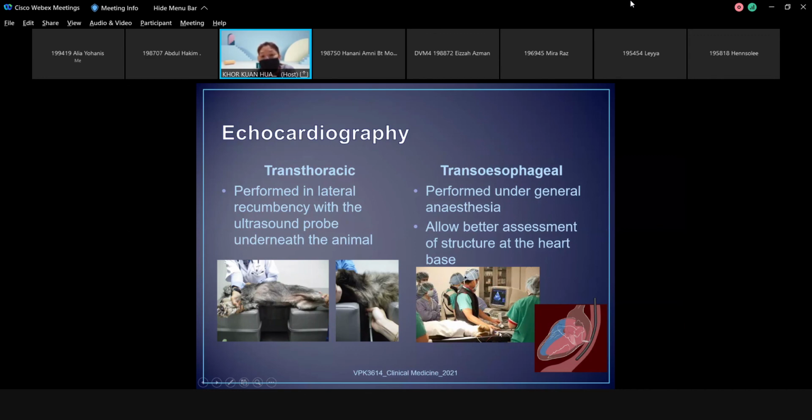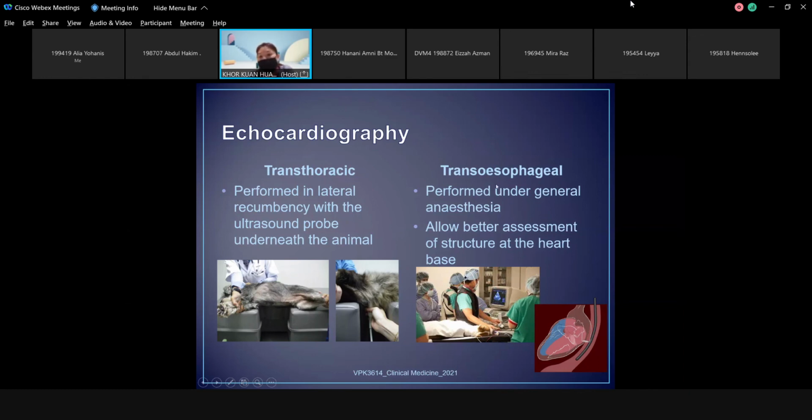So they put a probe into the esophagus, and the probe will follow and scan the heart from inside. A lot of the time the heart base is very important, so they will give you a lot of information here.